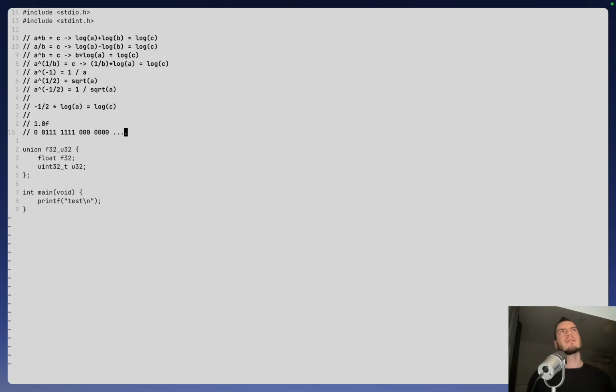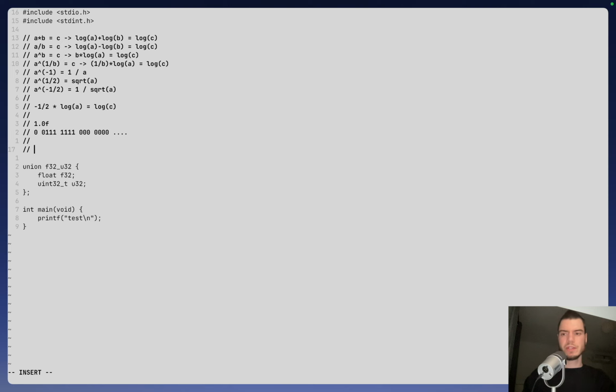So that means that to get our approximation of the logarithm function, we can do the following. Let's say we have our x value, which is a float.